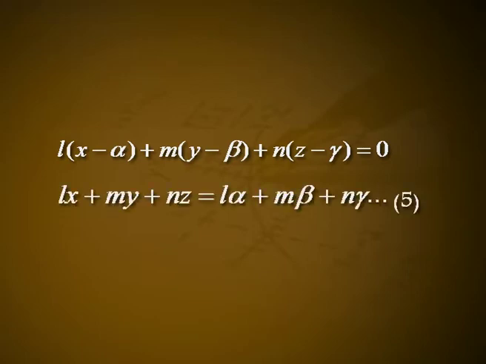Solution. Any plane through alpha, beta, gamma is l into x minus alpha plus m into y minus beta plus n into z minus gamma is equal to 0, or lx plus my plus nz is equal to l alpha plus m beta plus n gamma.